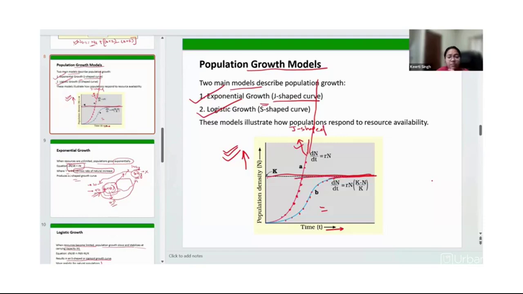It means the population cannot grow beyond this carrying capacity, because it is the maximum that a population can hold in that particular area when there are limited resources, right? And in this other case, if you keep on providing food, this graph will keep increasing.